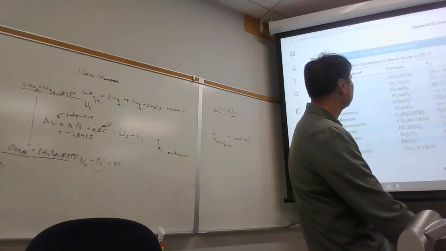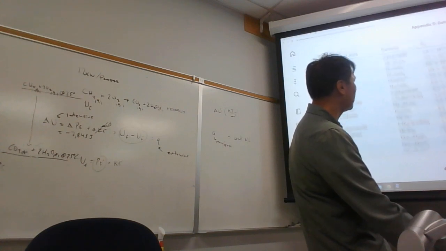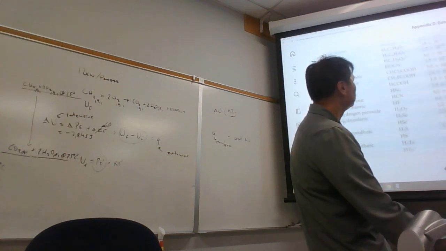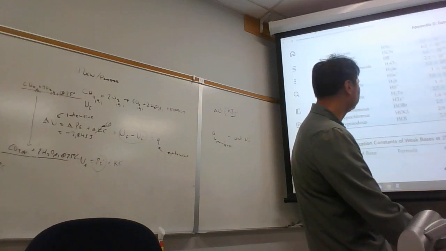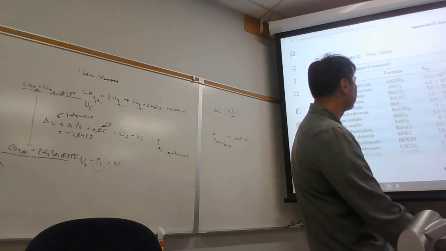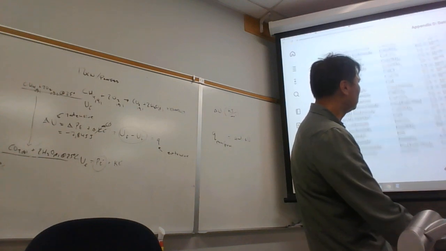Also in Appendix D are acids. This K value tells us the strength of the acids quantitatively rather than qualitatively. So different acids here. Here we have bases, a bunch of bases. Here we have the solubilities, essentially.